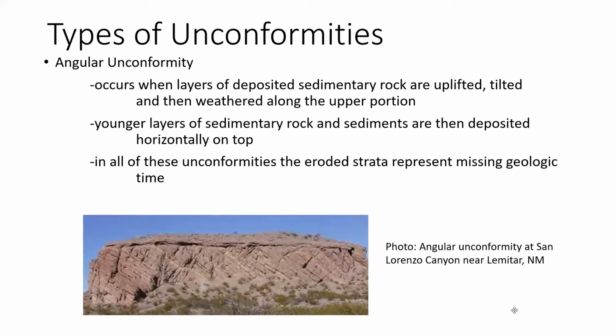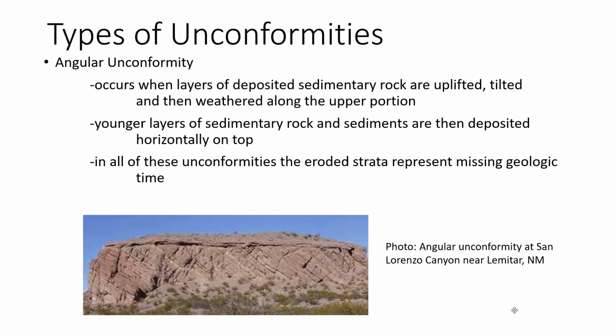The last type of unconformity is an angular unconformity, and this occurs when layers of a deposited sedimentary rock are uplifted, tilted, and then weathered along the upper portion. In all these unconformities, the eroded strata represent geologic time that's gone.